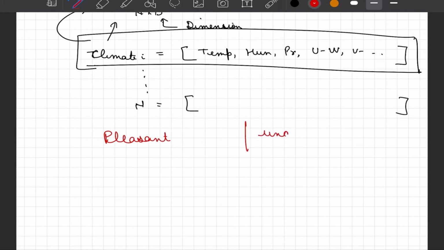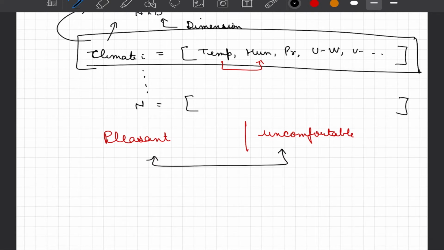So we are coming up with some user rating, pleasant and uncomfortable, and we know that certain combinations of temperature and humidity would result in a comfortable versus a non-comfortable day. Again, we are taking a very simple example where we know that the outcome could be binary. So we are dealing with the problem of a binary classifier.